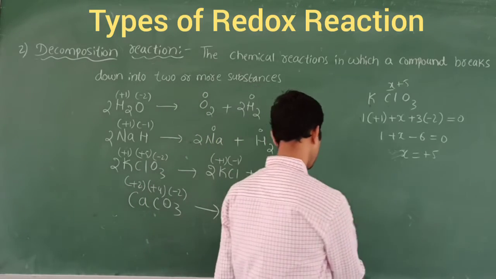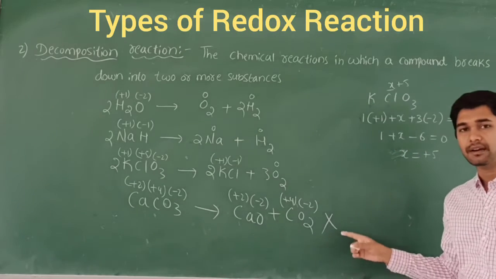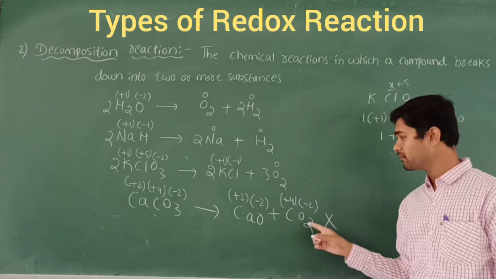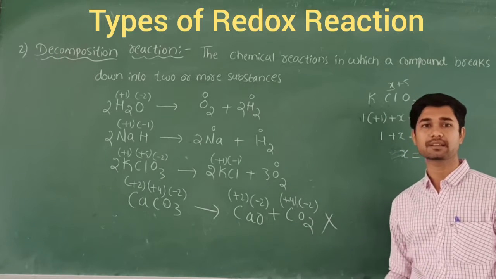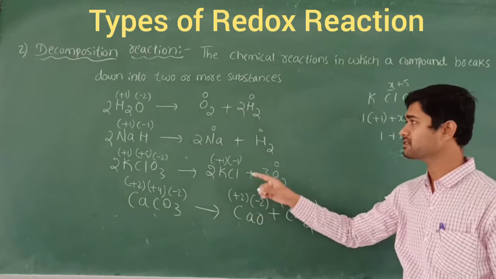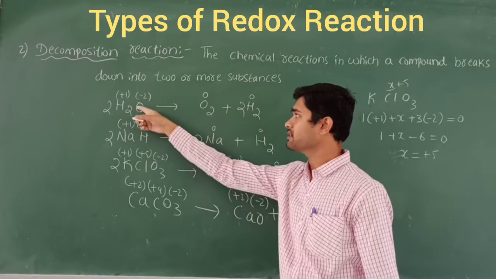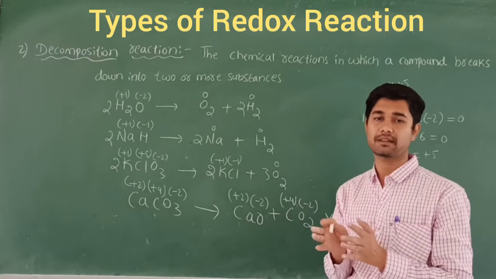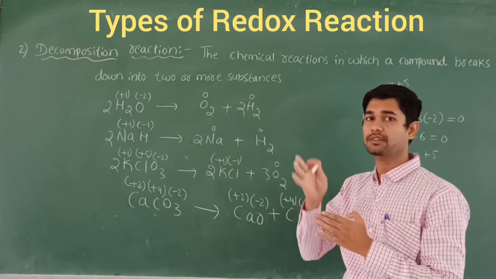So this is a decomposition reaction, but it does not come under the redox reactions. When you look at the types of reactions, let's take hydrogen and oxygen. From the reactant to the product, the oxidation number must be changing here. That type of reaction comes under the redox reaction.